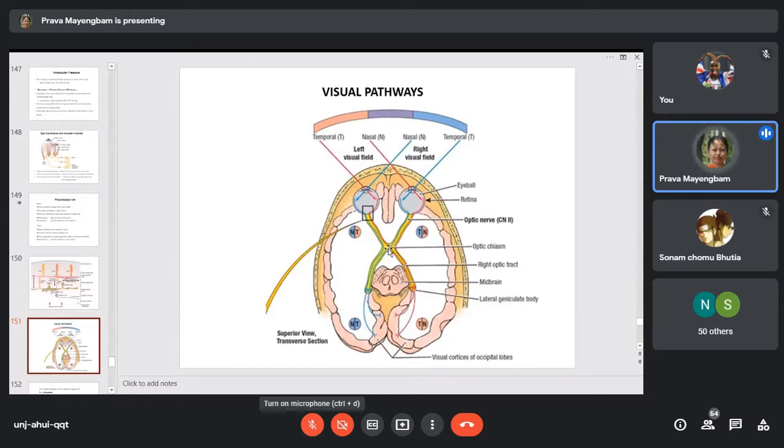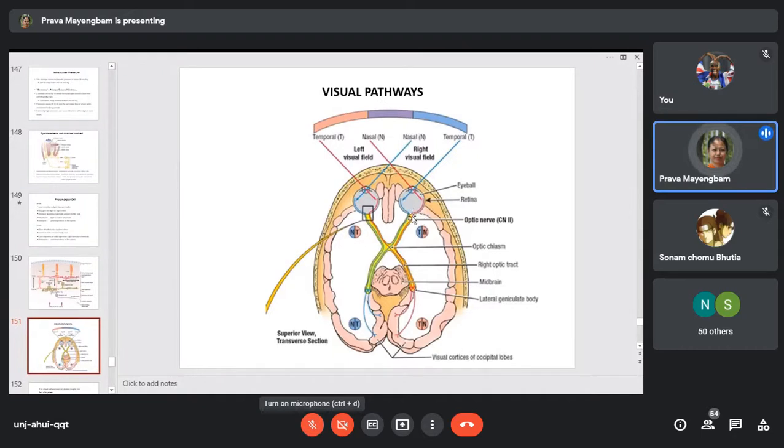After they crisscross here at the optic chiasm, they will go to reach the lateral geniculate body, and this nerve will synapse here at the lateral geniculate body. Then further it will go to the visual cortex in the occipital lobe.